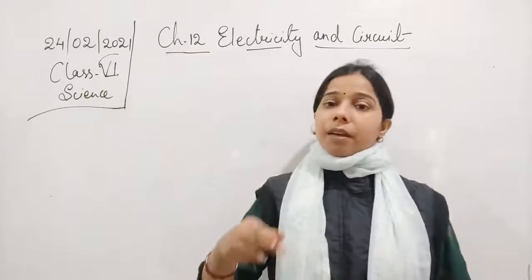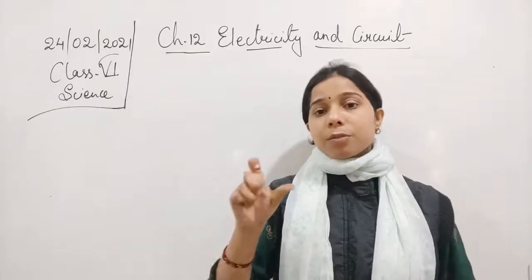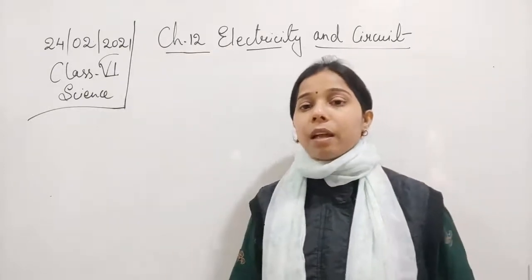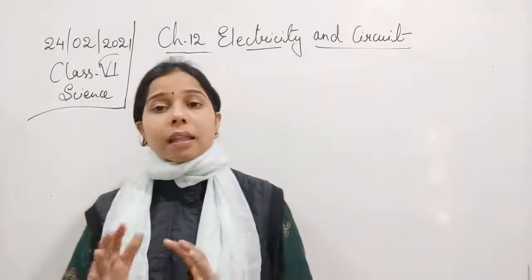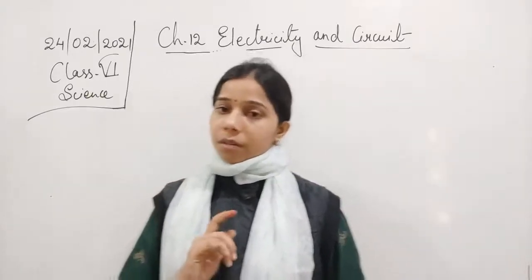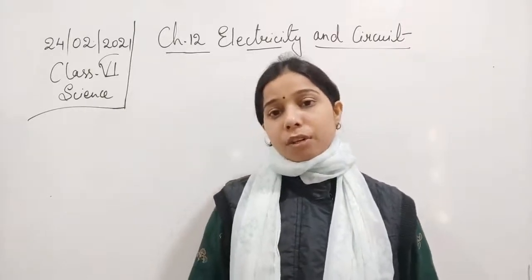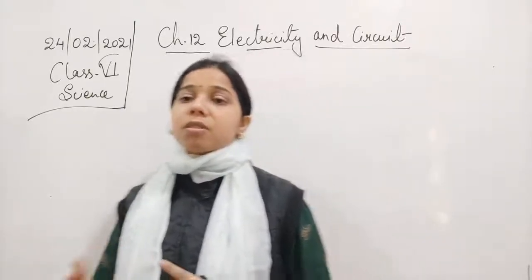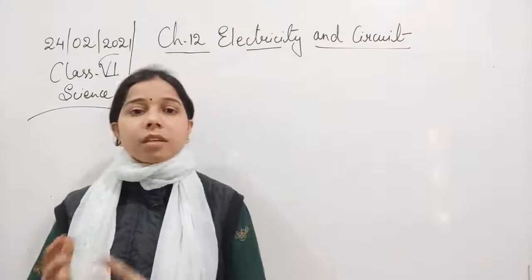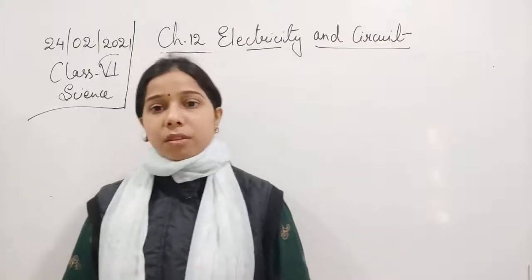So if the cell is properly connected to the device with the help of the connecting wire, that circuit will be a closed circuit, and if it is not connected properly, that circuit will be an open circuit. So this is the difference between the open circuit and the closed circuit, students.